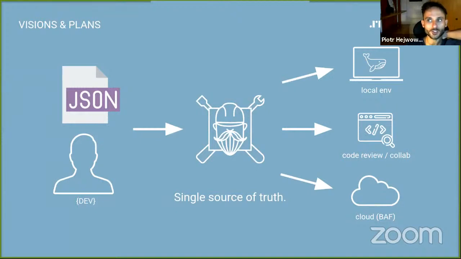We could also easily do code reviews and review why we've added another organization, if there are enough peers for that channel, or whether we must join many more peers. And in future, this single source of truth could also be transformed into a working cloud environment. So, a really nice option, I think.